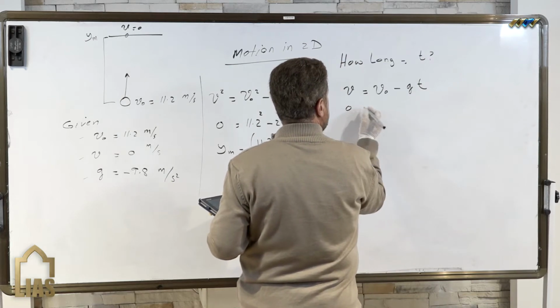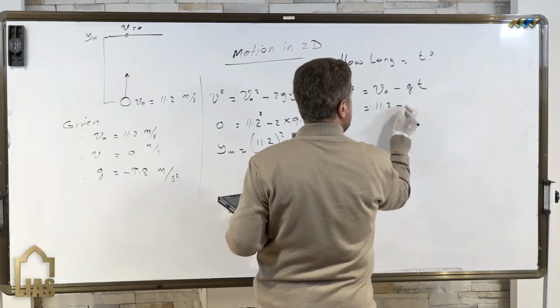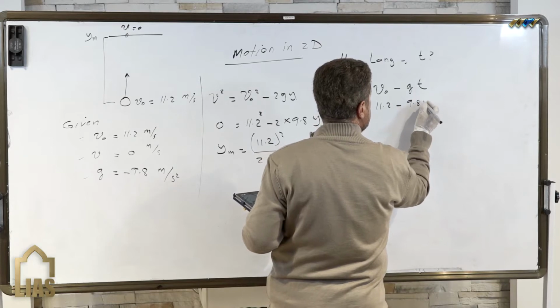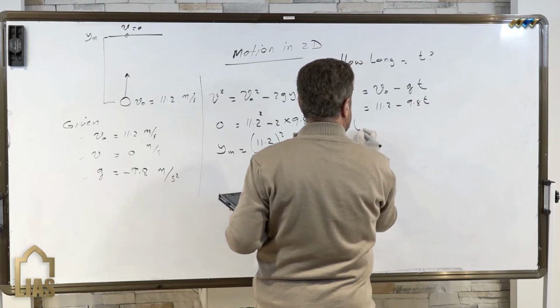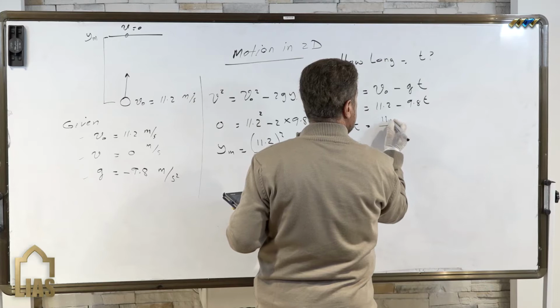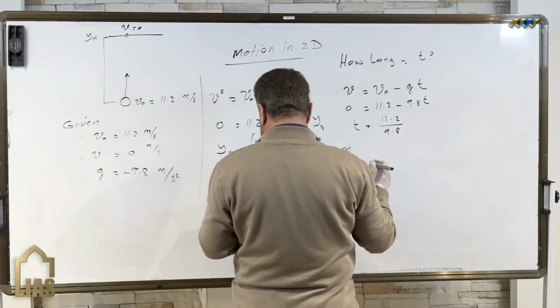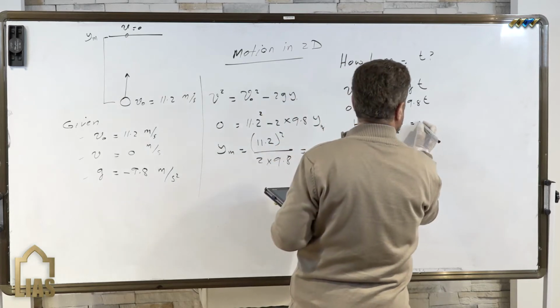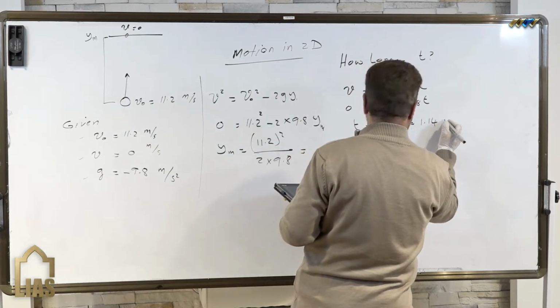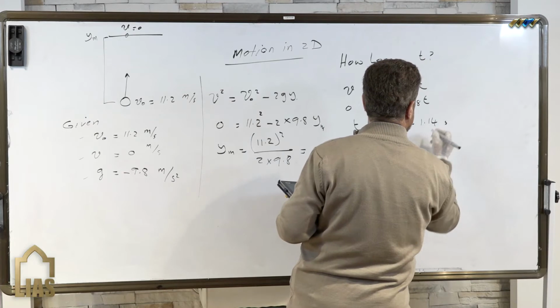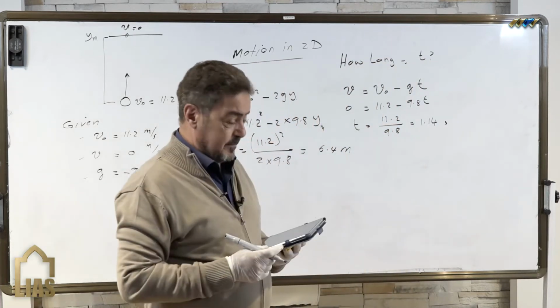In this case, we have 0 equals 11.2 minus 9.8 T, and then T is equal to 11.2 divided by 9.8, which is 1.14 second.